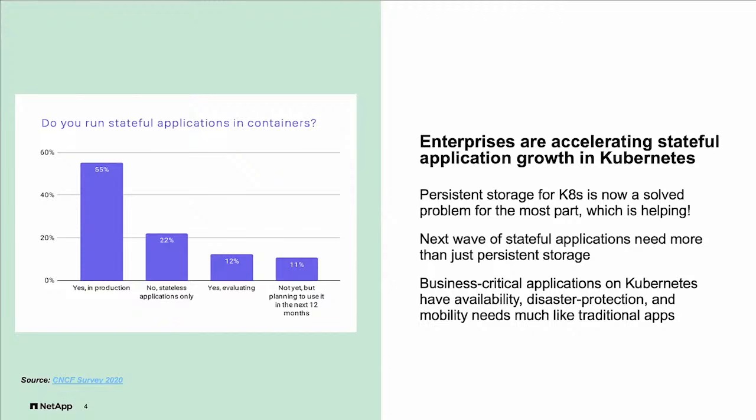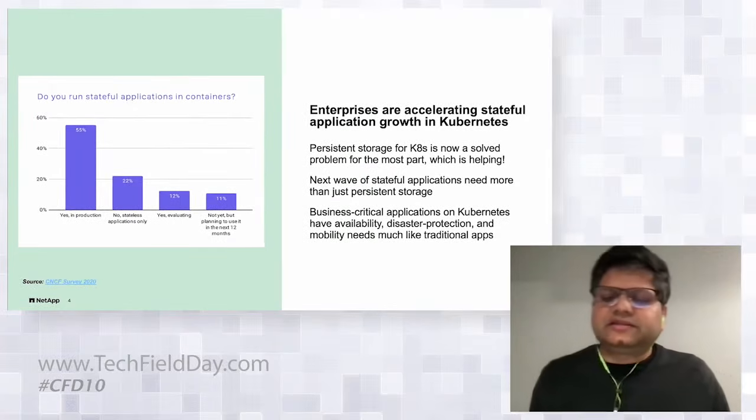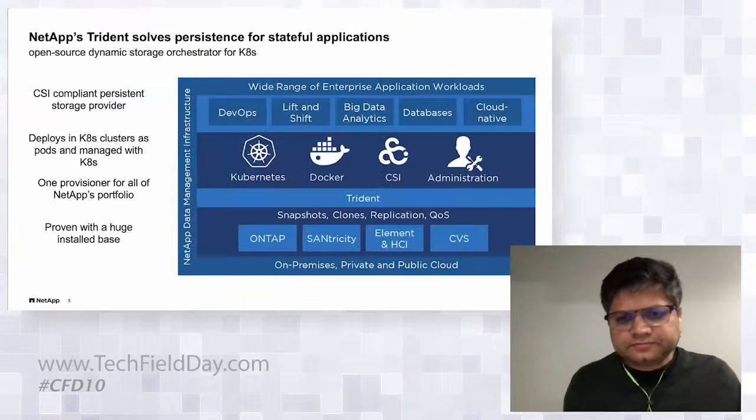I'm quoting a survey from CNCF, which is publicly available, where 55% of the respondents in 2020 said that they are using stateful applications in containers in production, and a whole bunch of other people are contemplating doing that. So people are trying to move their stateful applications to Kubernetes because they like the platform. And for the most part, the move to Kubernetes is also developer-led. Developers love Kubernetes, and they need state in their application to work well.